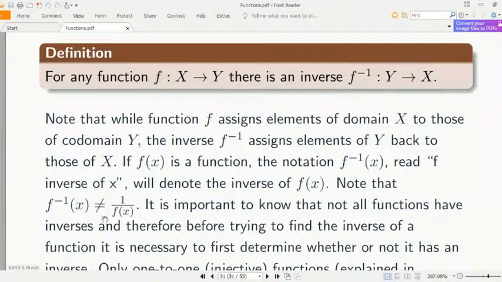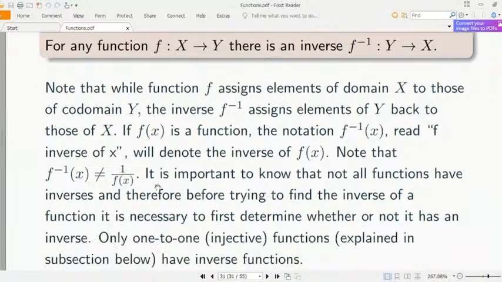Now, before we go into determining the inverse of a function, we need to know that a function would have an inverse if it's a one-to-one function. So I need first of all to teach you what a one-to-one function is. I've written here that it's important to know that not all functions have inverses.